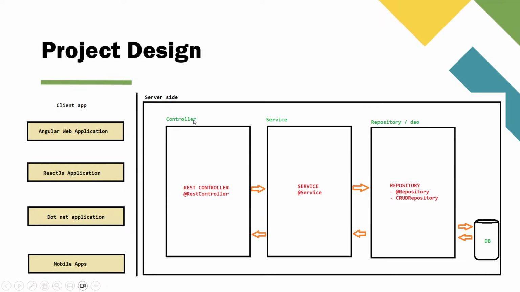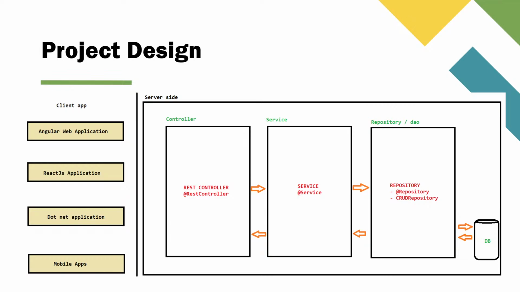We use a REST controller, whereas in J2EE we use a servlet as a controller. These are plain core Java classes, so no need to worry about any advanced Java components. Everything is core Java only. We can create real-time or enterprise applications using core Java components.